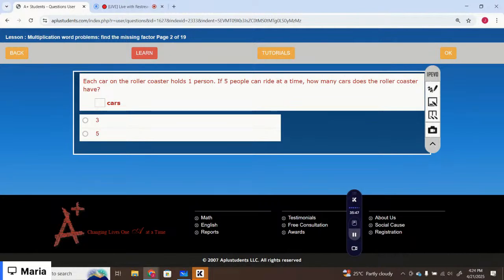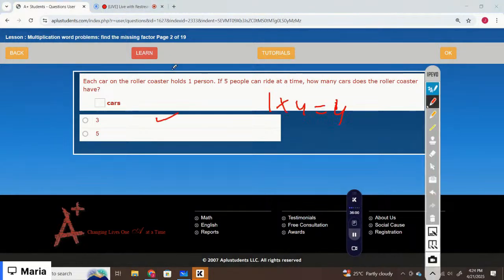Each car on the roller coaster holds one person. If five people can ride at a time, how many cars does the roller coaster have? So which is the correct option? Each car holds only one person. We have five people who can sit at a time.